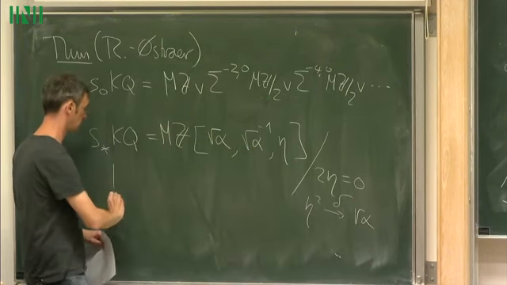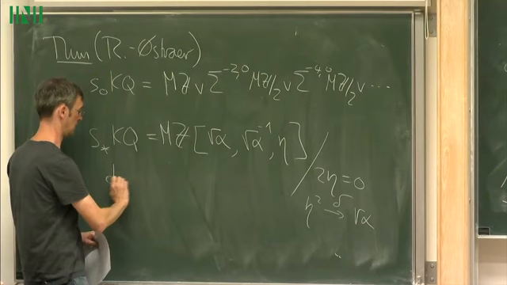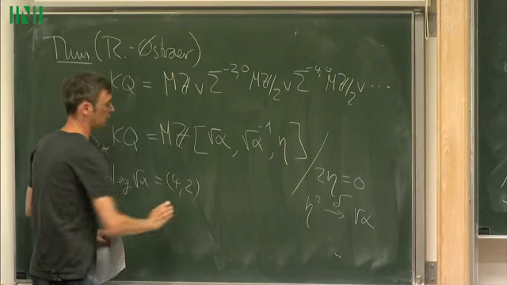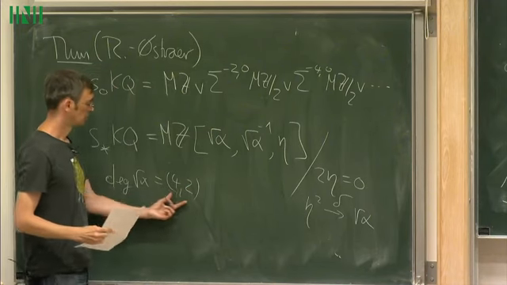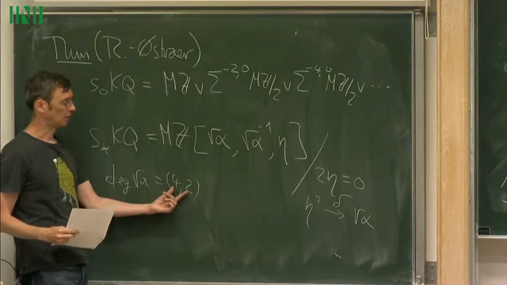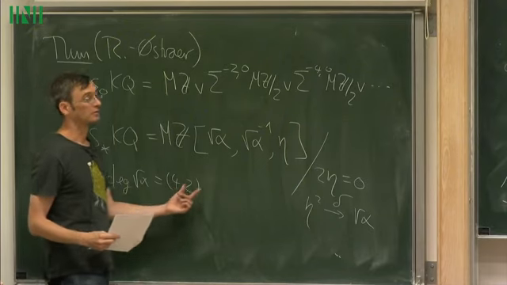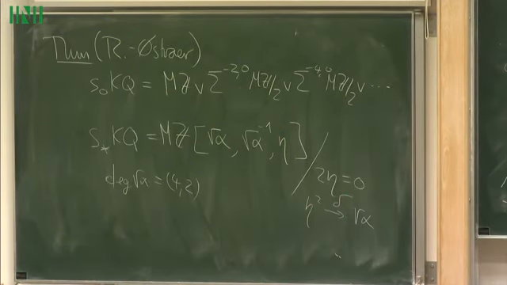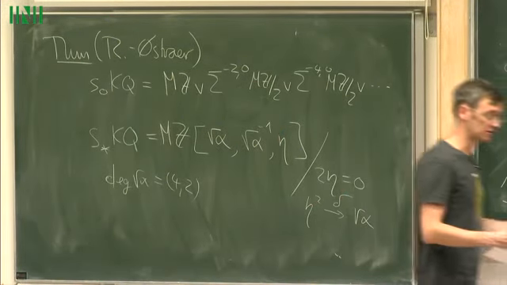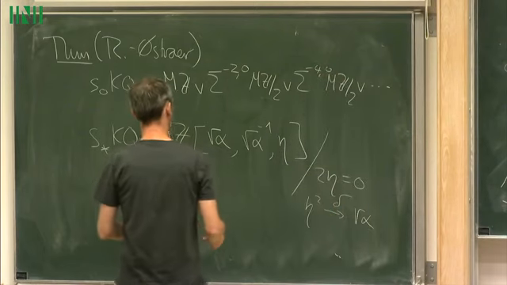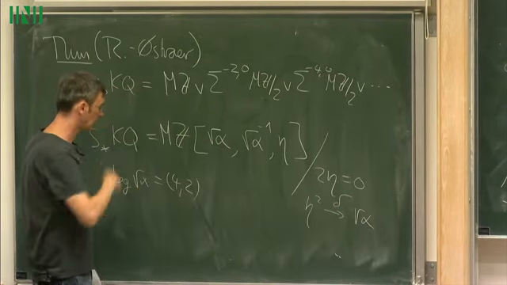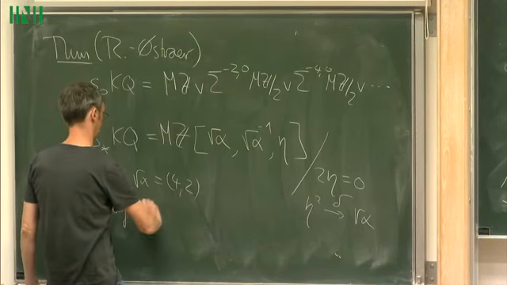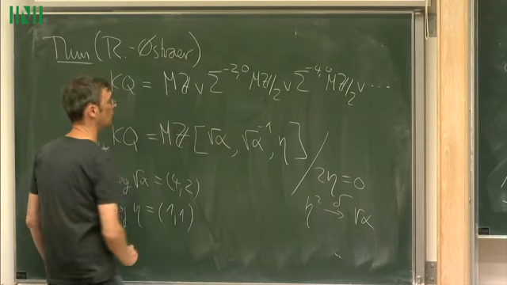So square root of alpha has degree 4, 2, and when you multiply it with itself, you get an element in degree 8, 4, and this corresponds to the 8, 4 periodicity that you see in the spectrum. And this is the reason for this bad notation. And yeah, the degree of eta is 1, 1.